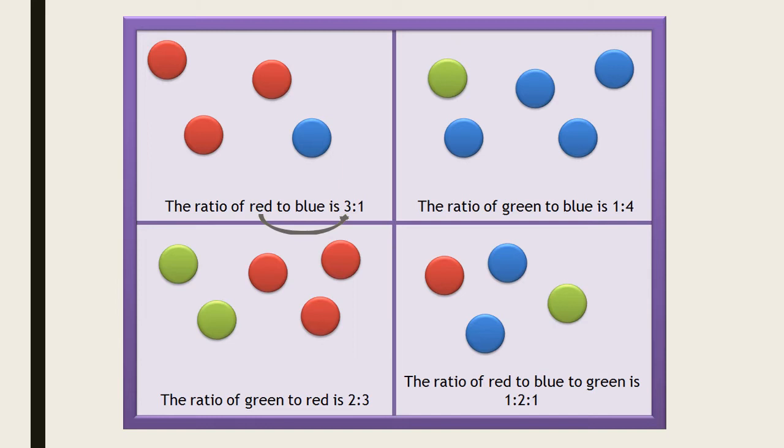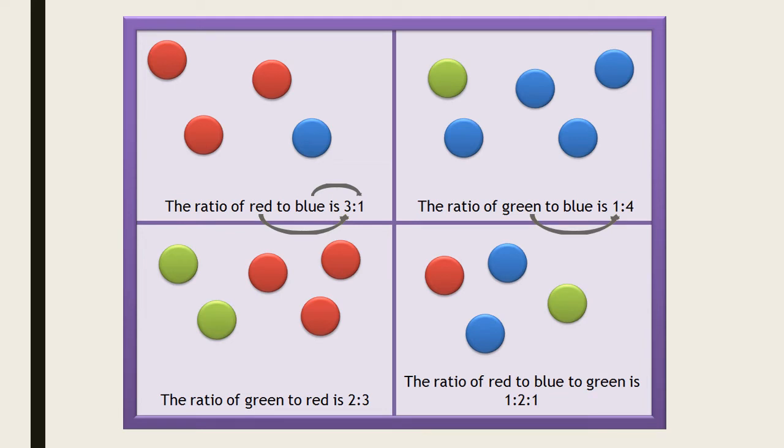Therefore, that needs to be the first number when we write our ratio. Blue is the second colour mentioned, so it's the second number. So the ratio of red to blue is 3 to 1. If I said the ratio of blue to red, then I'd have to write 1 to 3. Whichever order you say the colours in, or the items in, is the same order that you need to write the numbers in.